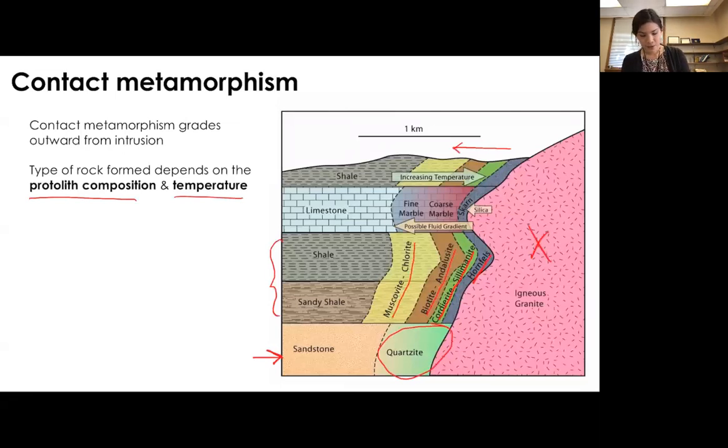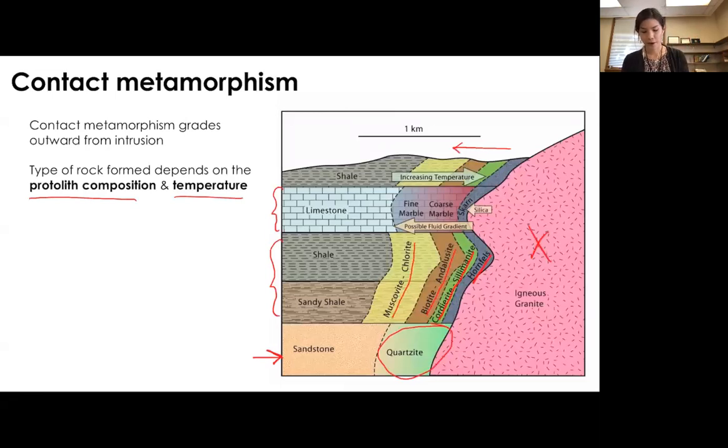In limestones, because the main mineral is calcium carbonate, it's going to behave similarly to sandstone, where there's not really any further alteration that can occur. The calcium carbonate will stay calcium carbonate, but the interlocking mechanisms between the calcium carbonate minerals may change.